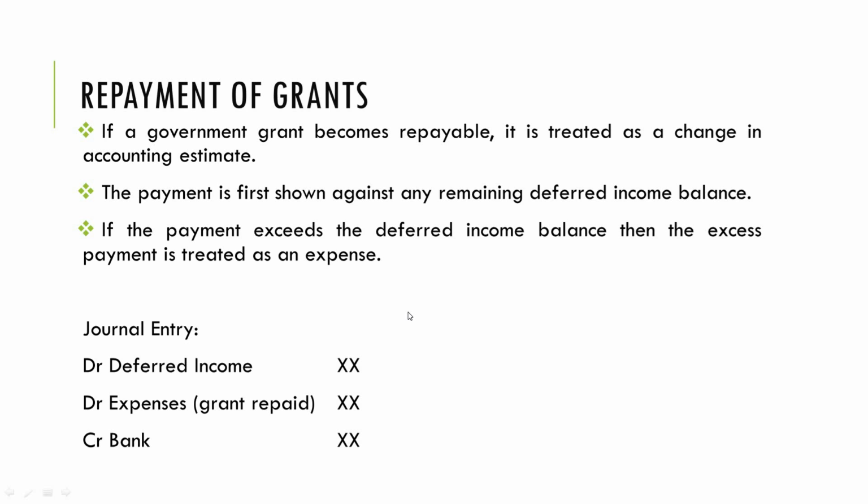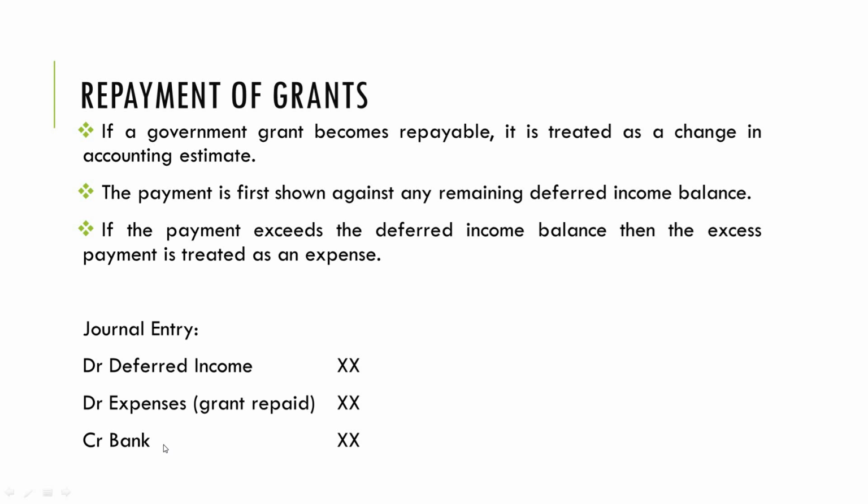Alright, so let's say the government gives you a grant in the first place, and requires you to pay back after a certain period. So if the grant becomes repayable, it is treated as a change in accounting estimate. So the journal entry for repayment of grants will look like this. Of course you credit bank because you need to pay.